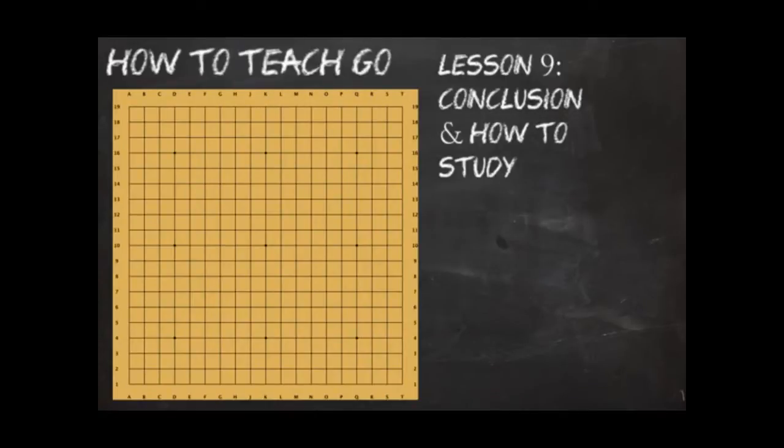But some students want to learn only one or two specific things. For example, they just want to learn how to play the game and get started. So in that case, you could teach one or two or three things from this series that you find are useful and important to know, and then let them run with that until they come back with more questions.